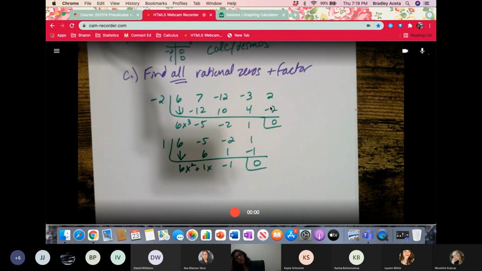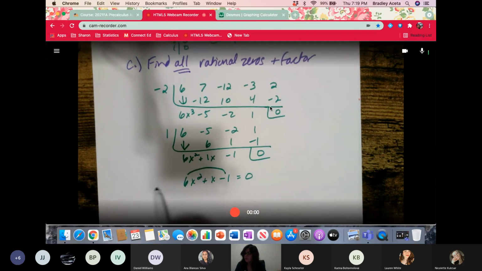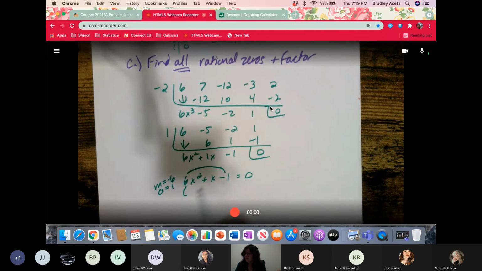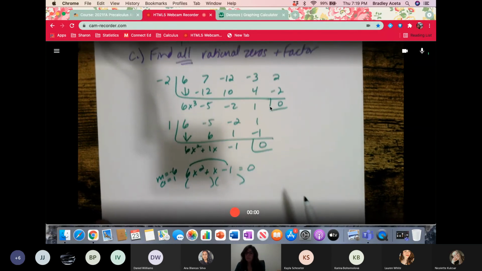Once I get to a quadratic, I can factor this, or I can do the quadratic formula. This one's actually factorable: 6x squared plus x minus 1. Two numbers that multiply to -6 but add to the middle of 1. This is how I do it.